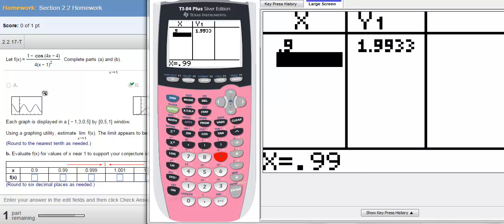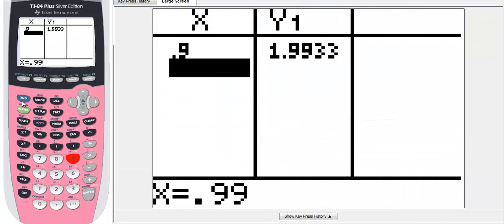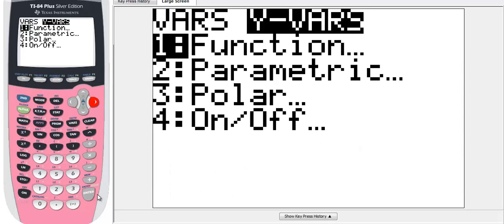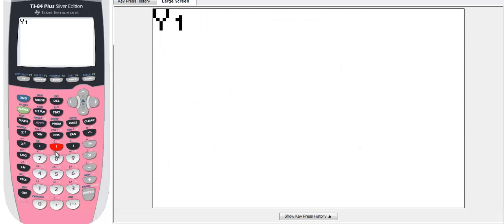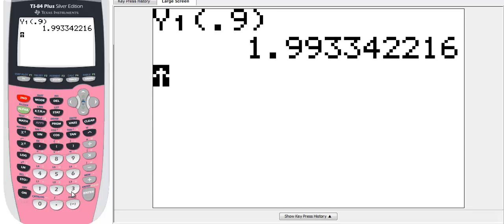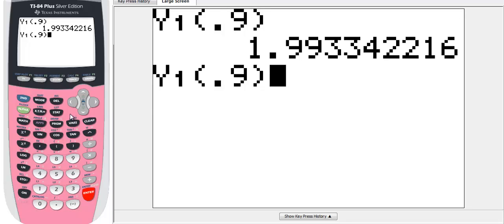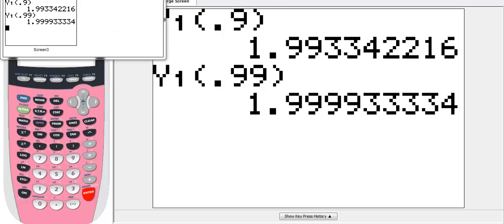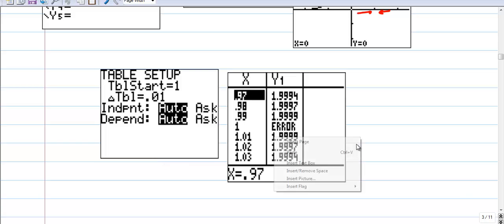So what you would do is your vars, y vars, and then do your 0.9. And then do it again with your .99, and so on.